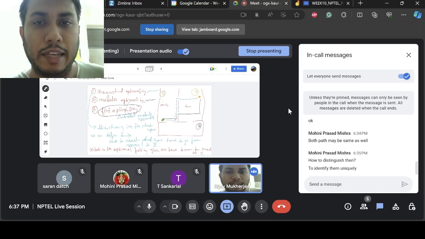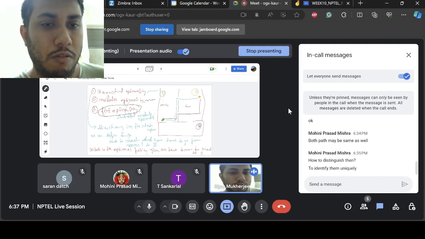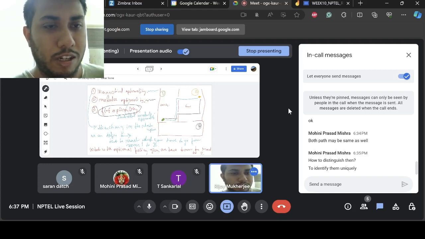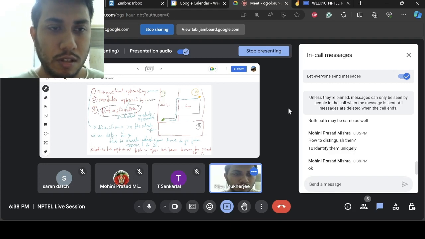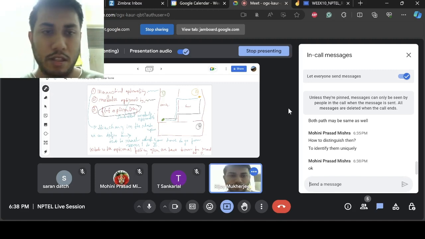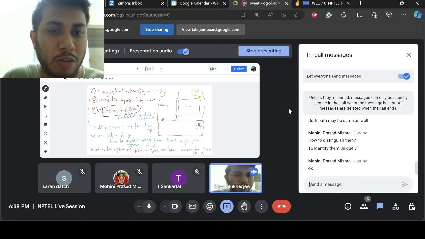In that case, your choice will be the one which is giving you more reward, basically the more optimal one. You don't have to think about identifying it uniquely. It may not be unique.